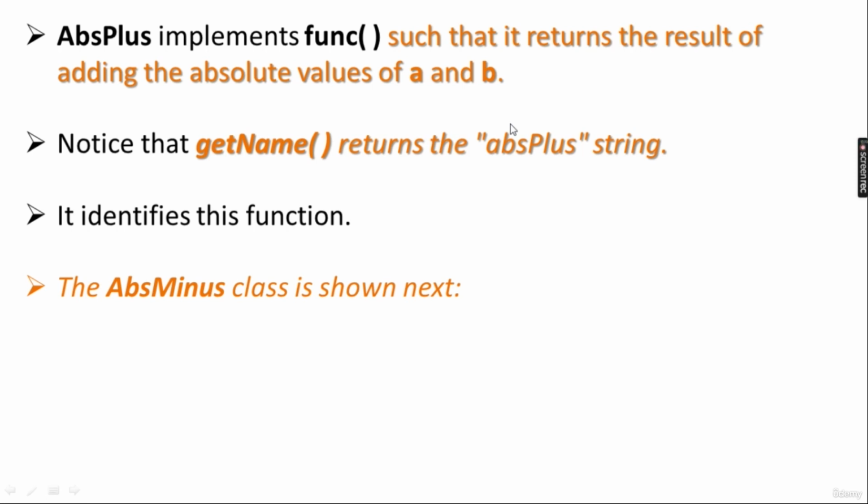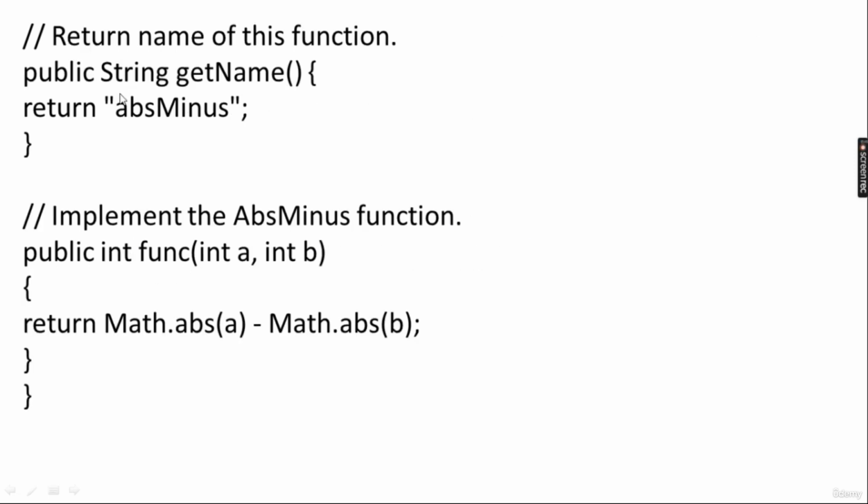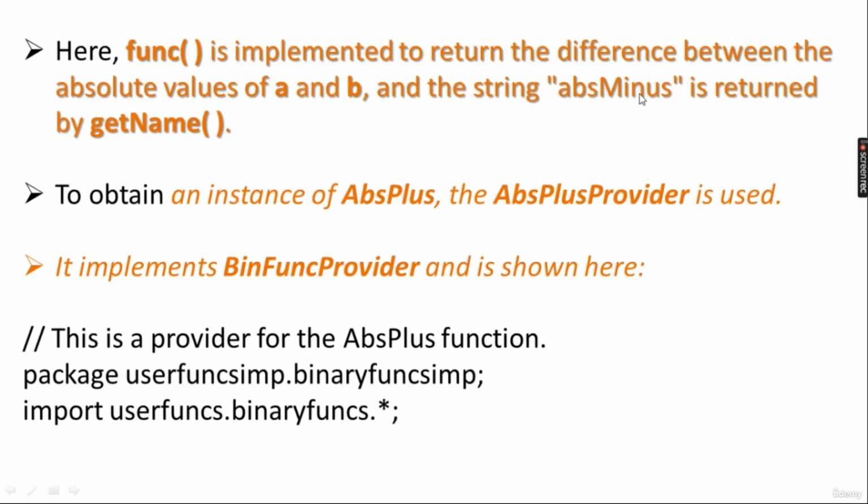Now we will see the AbsMinus class. AbsMinus provides the complete implementation, or detailed description, of absolute A minus absolute B. Package user.functions.implementation.binaryfunctions implementation; import user.functions.binaryfunctions.BinaryFunction; and AbsMinus implements BinaryFunction. getName will give you AbsMinus, and func is implemented as Math.abs(a) minus Math.abs(b). Func is implemented to return the difference between the absolute values of A and B, and getName will give you the name AbsMinus.